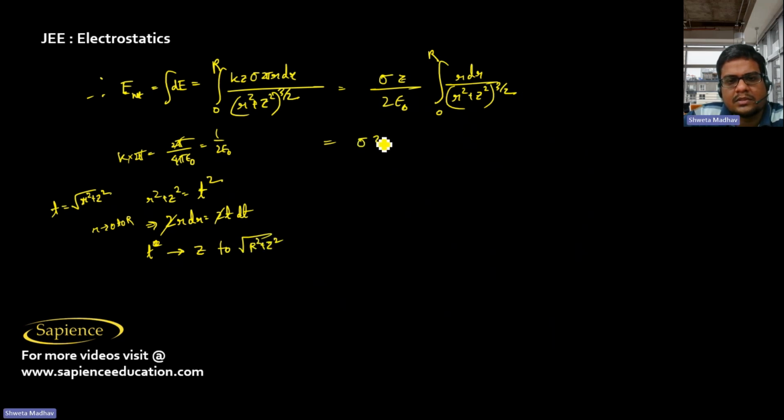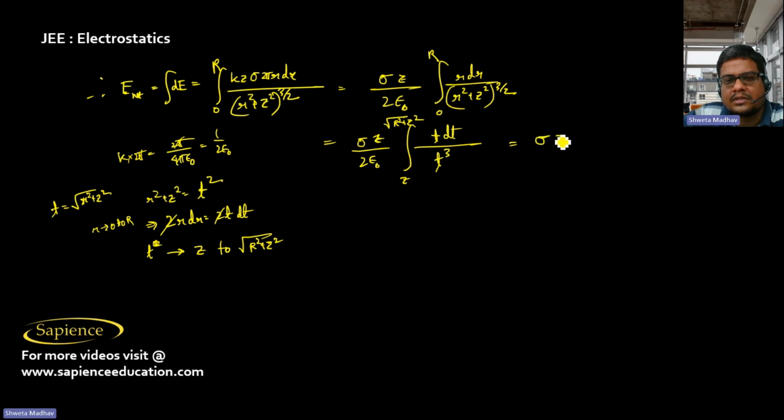Therefore I can say sigma z by 2 epsilon naught, integral t dt by t cube, since t square power 3 by 2 is t cube. That will go from z to root over r square plus z square. So this will be 1 by t square.